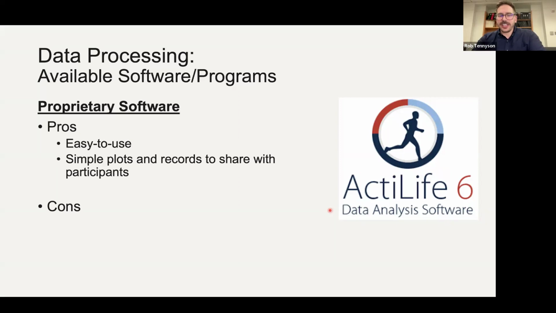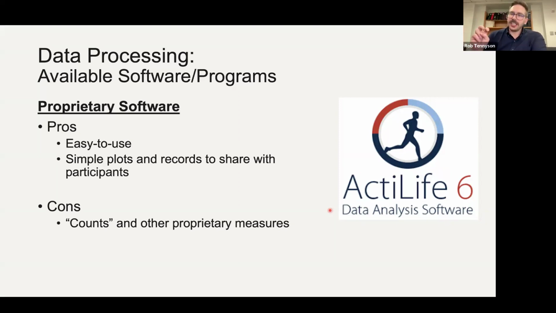But this being said, for all this easy use, some of the cons are that a lot of these will rely on proprietary measures that they don't really tell you what goes into calculating. Actigraph in particular will rely on counts of activity, which is something that is abstracted from the raw accelerometry data.